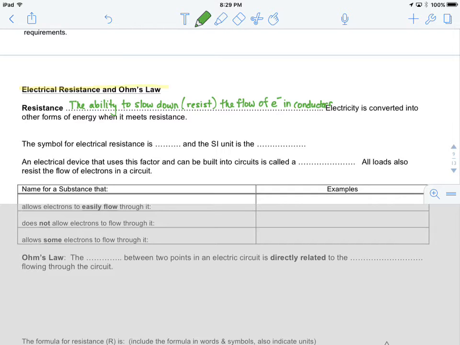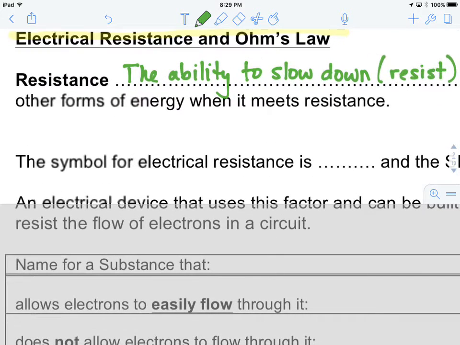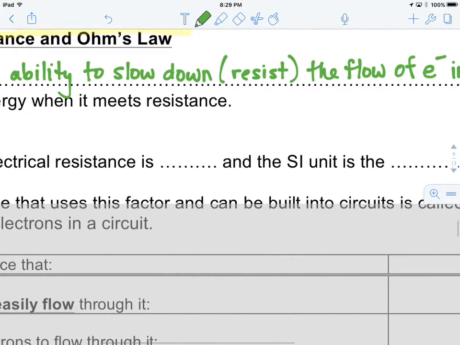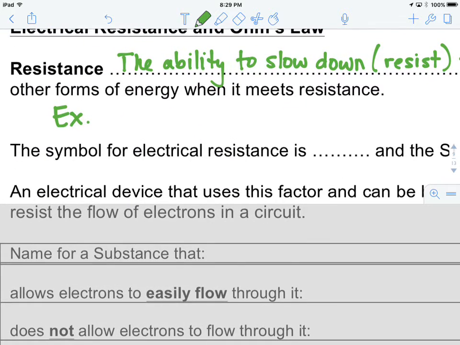Electricity is converted into other forms of energy when it meets resistance. So for example, sometimes when electrons meet resistance, it's turned into heat energy, and this is what happens when you connect an electric circuit and the wires get a little bit warm.